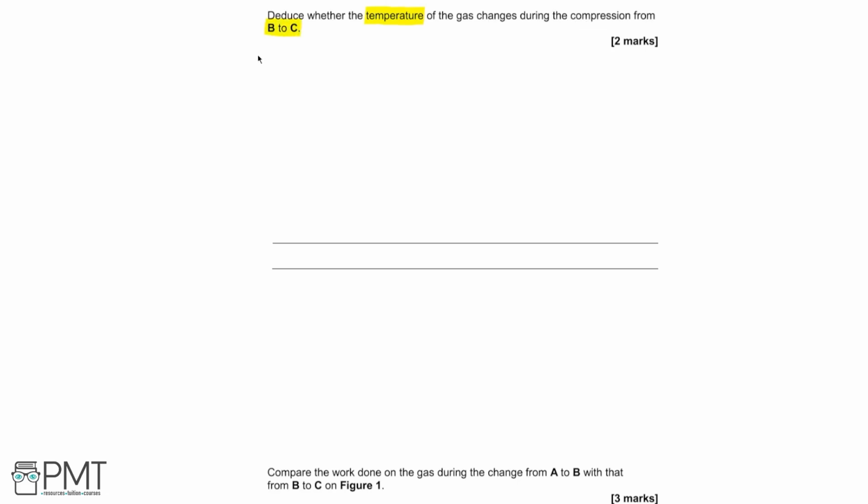In order to do this question, it is helpful to consider what defines an isothermal change, so isothermal being the same temperature. So what we want to determine is whether the change B to C is isothermal. To do this, we consider the ideal gas equation again, which says that PV is equal to NkBT.